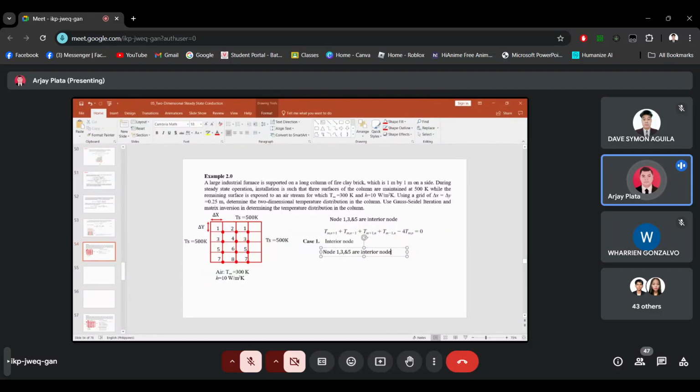So let's begin with node 1. Okay, node 1. And what are the neighboring nodes?